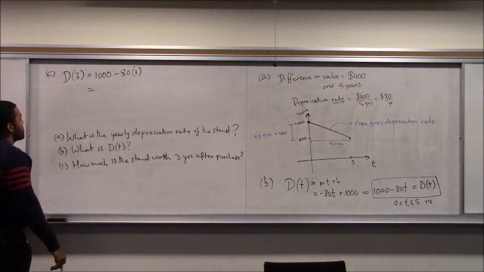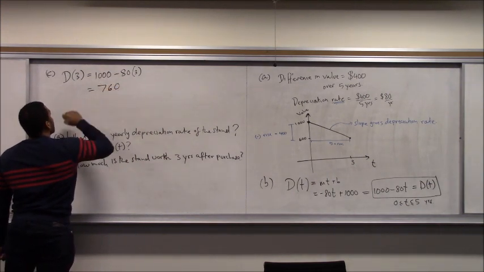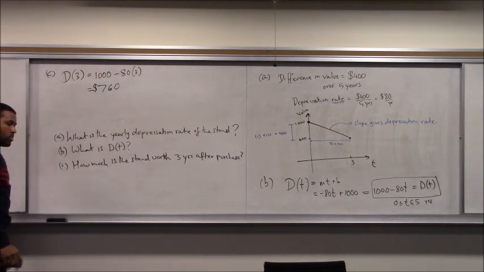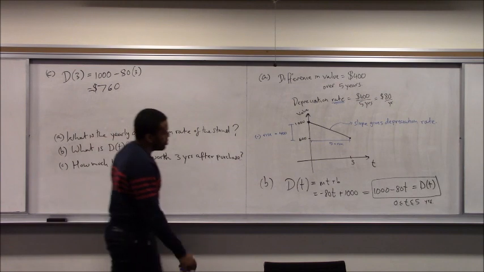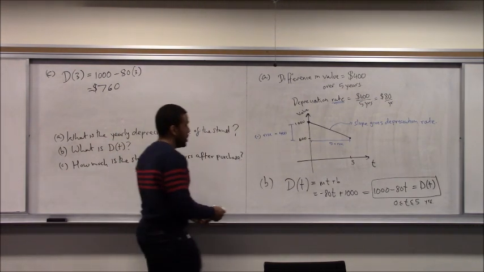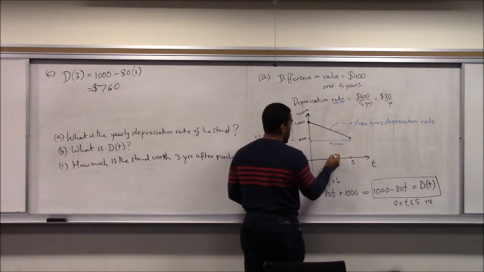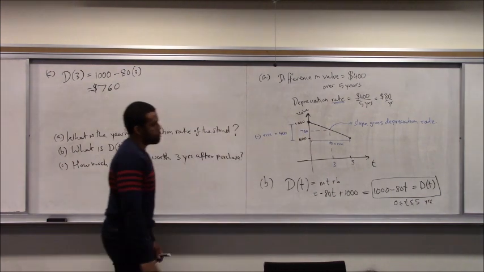Which is going to be what? 760. So assuming I'm right that it depreciates linearly, it will be worth 600 after 5 years. It should be worth around 760 after 3 years.